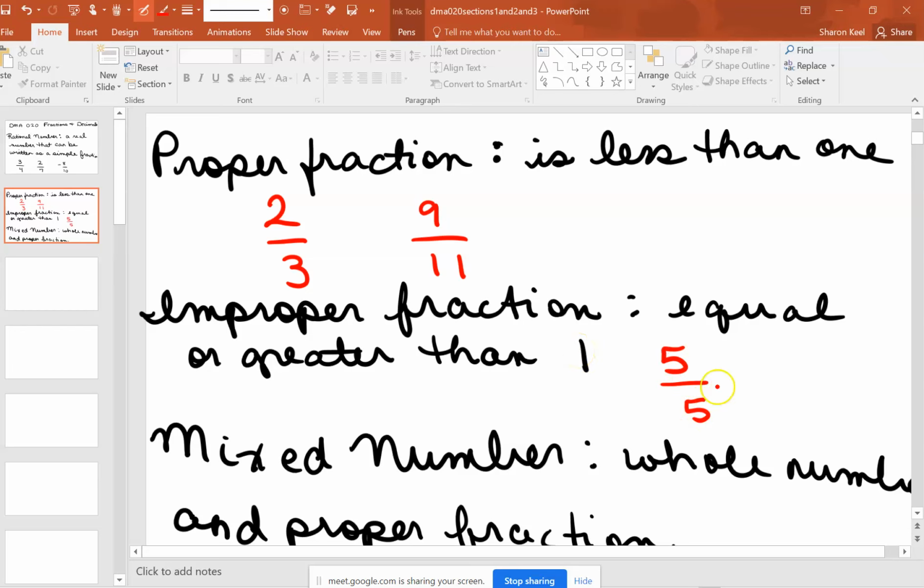If they are equal, or if the numerator is larger, that would be considered an improper fraction. A mixed number would be if I had, let's say, 9 and 2/3. I have a combination of a whole number along with a fraction, a proper fraction, that is.